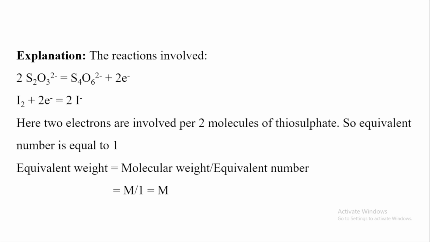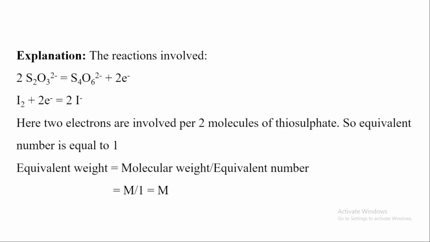Okay. So if 2 moles of S2O3 2 minus require 2 electrons, that means 1 mole will require 1 electron. Okay, that means the number of equivalents for sodium thiosulfate is 1.